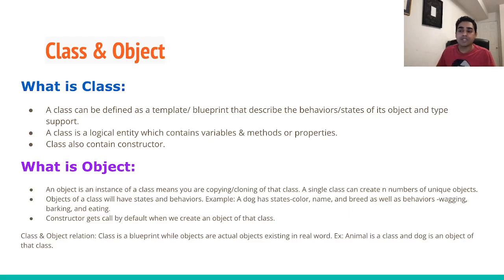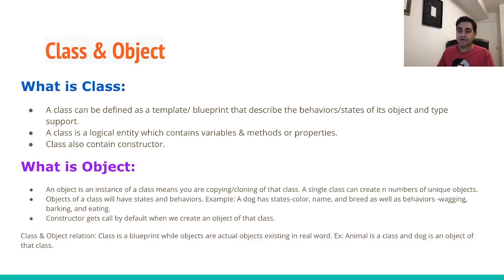And what is an object then? An object is an instance of a class, meaning you are making a copy of that class. A single class can create any number of unique objects. So an object is the real thing, a tangible thing. You can see it, you can touch it, okay? And the class is an intangible thing.